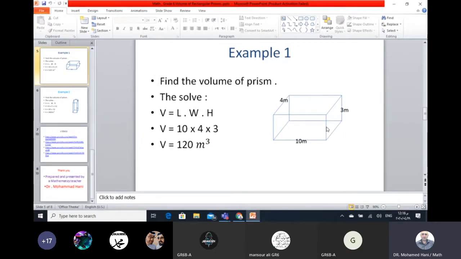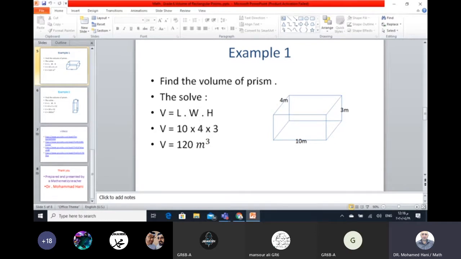At the first step, write the formula. V equal L times W times H. The value of L is 10. The value of the width will be 4. And the value of H will be 3. So V equal 10 multiplied by 4 multiplied by 3.